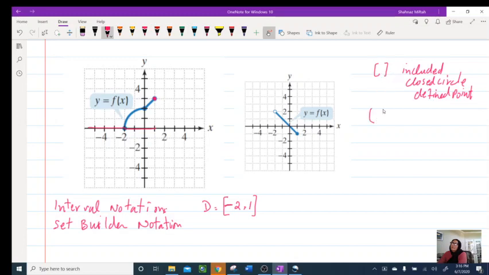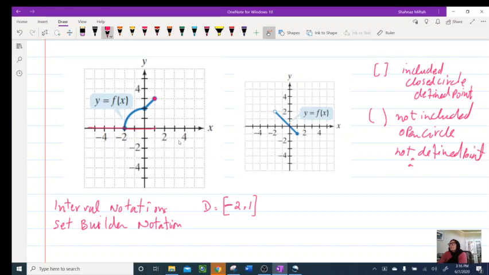If it's not included, or it's going to be an open circle, and it's not a defined point, okay? So remember all of that.